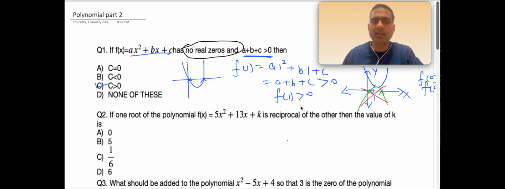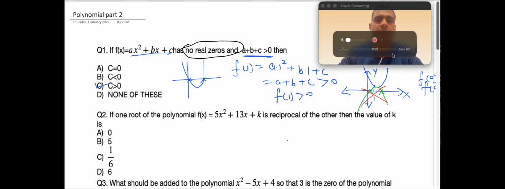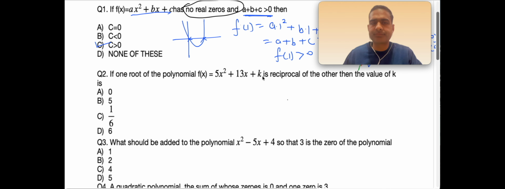So one value of this polynomial is positive and it has no real zeros. It means all the values of this polynomial will be positive. Now we have to find out whether c is positive, negative or 0. We got that f of 0 is c. So f of 0 will also be positive, so c will also be positive. So our answer is option C.